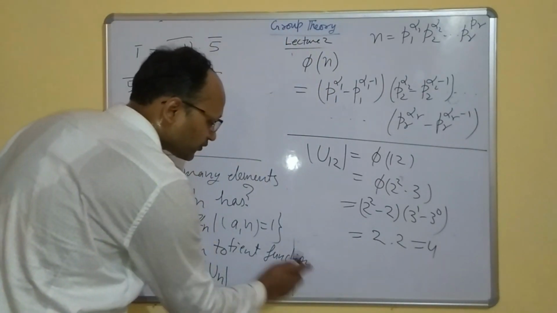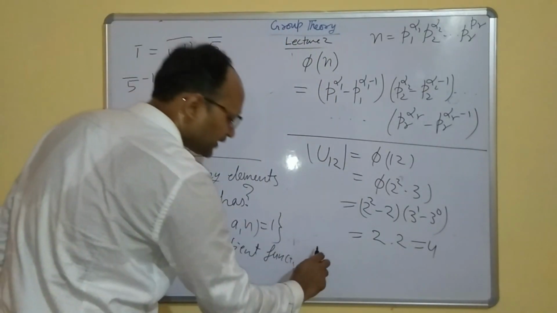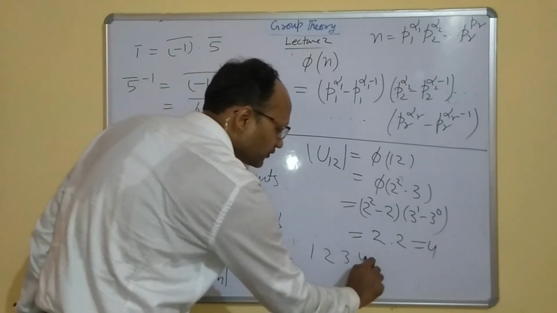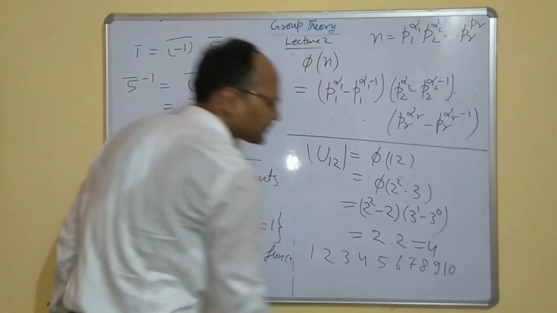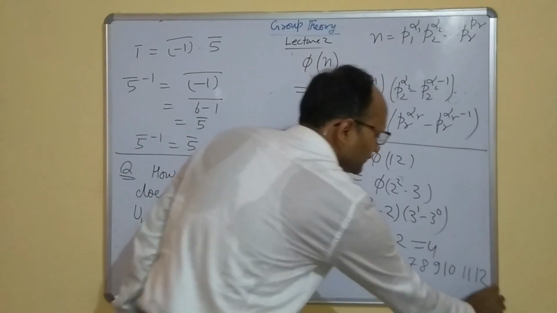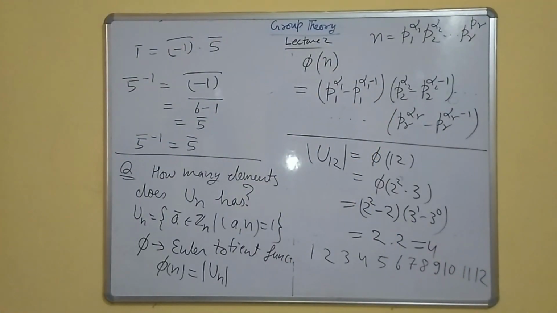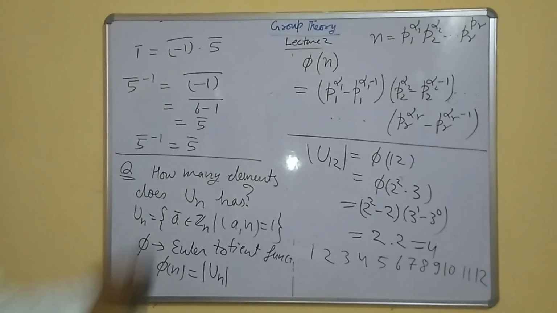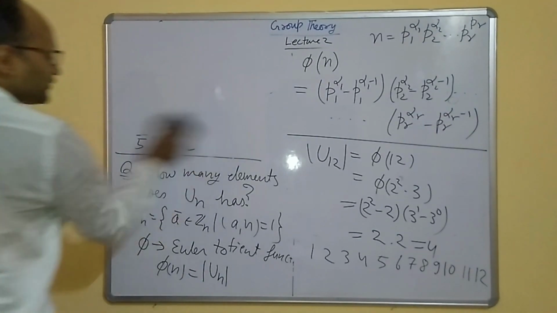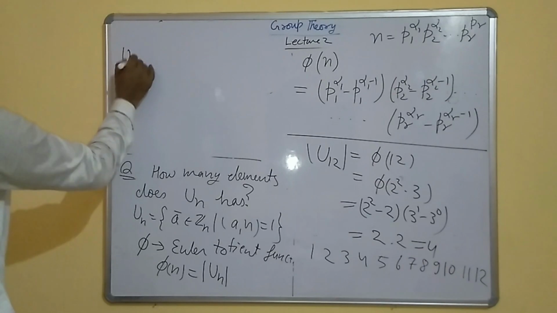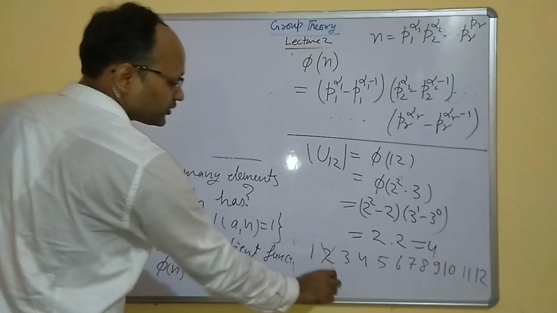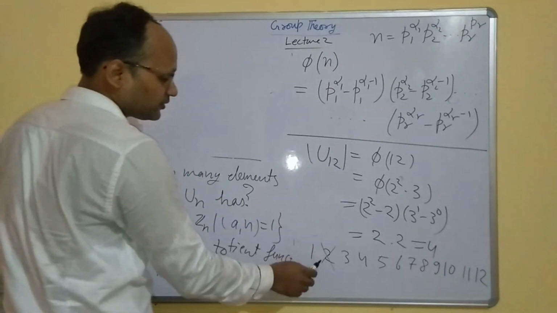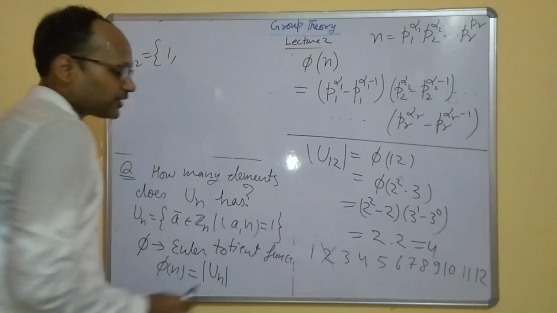You can see how many numbers are co-prime to 12 and less than 12: 1, 2, 3, 4, 5, 6, 7, 8, 9, 10, 11, 12. How many of them are co-prime to 12? You may count it also. If I ask you to write U12, you can see 1 is there, 2 is not, because the GCD between 2 and 12 is not 1.